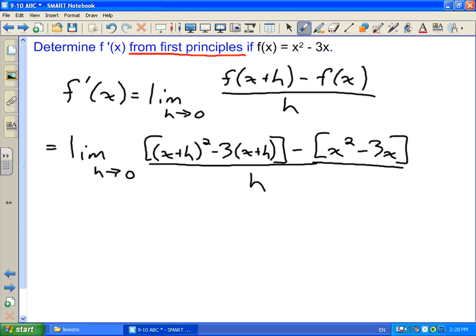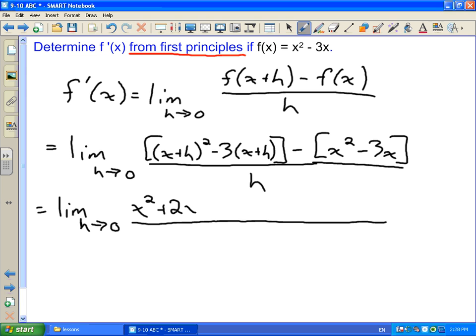My next step then is all of this stuff here in the first term, I'm going to want to expand. So we'll have the limit as h goes to 0 of, let's start expanding here. x plus h squared is going to be x squared plus 2xh plus h squared, minus 3 times x gives me 3x minus 3h.